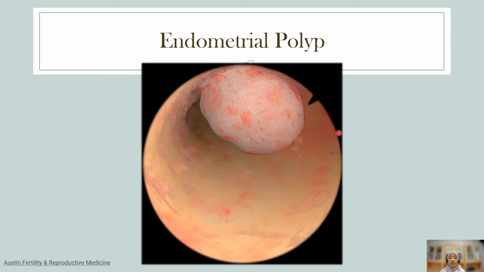This area shows the uterine cavity, and here we can see a polypoid mass that protrudes into the uterine cavity. If such a polypoid lesion is found in other organs such as the endocervix, we call it endocervical polyp.